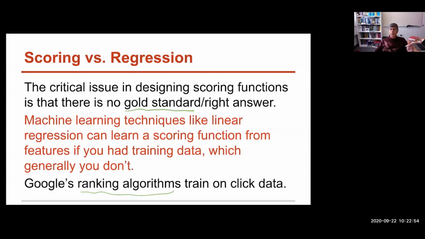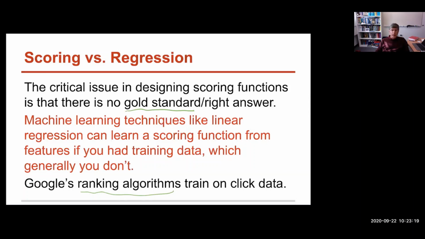Well, Google has data. When they flash up a page of links, they know that if their scoring function is right, the one people are going to click on is usually the top one. If someone clicks on the second item instead of the first, that's probably a sign that Google got the ranking wrong.